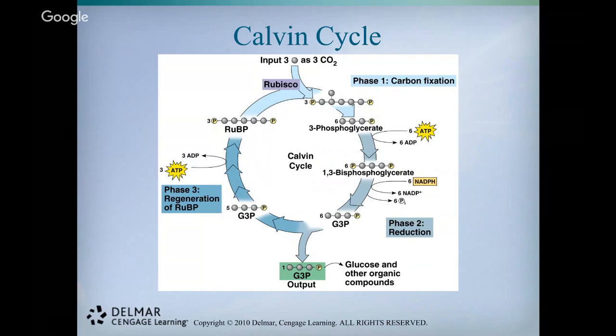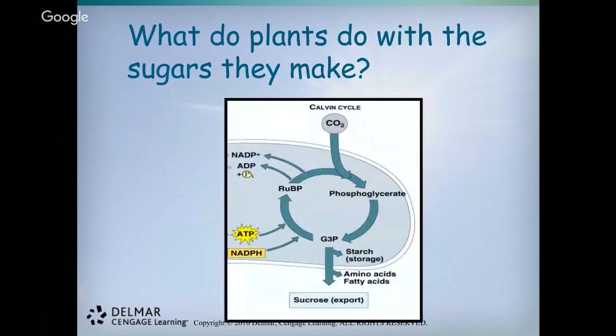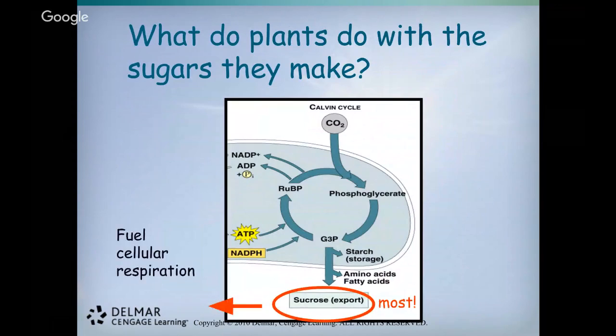Now, the next chapter is cell respiration. This is where we take the glucose molecule and break it back down, in a reverse process, to create ATP molecules. Efficiency-wise, it's just the process. It's how it works. So again, what do plants do with the sugars they make?